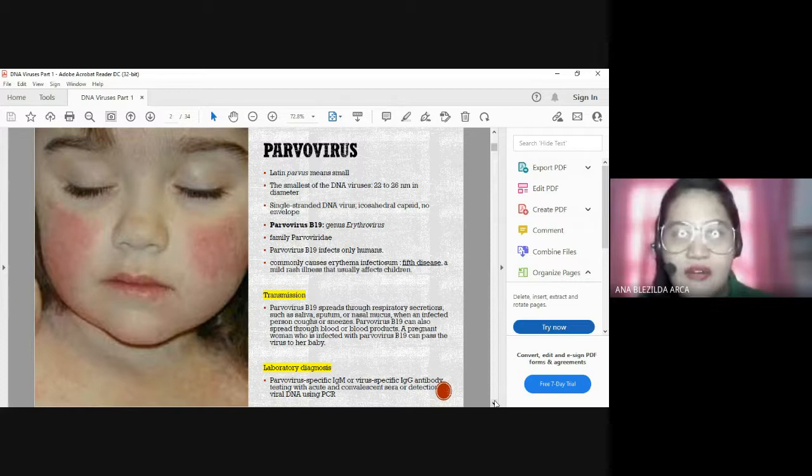So nagkakaroon siya ng blood loss hanggang sa mamatay yung fetus. Okay? So that is the condition called hydrops fetalis. So how are you going to diagnose this? You can perform IgM and IgG tests, and also DNA PCR test for parvovirus B19.